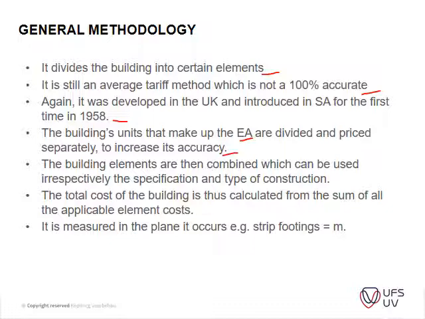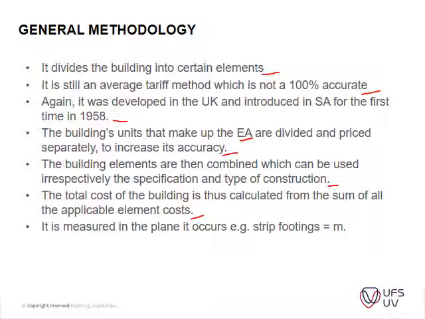accurate methods of measurement. So the building elements are then combined, which can be used irrespective of specifications and type of the construction. The total cost of the building is thus calculated from the sum of all the applicable elements to make up your cost. So you don't have special factors that you have to factor in.